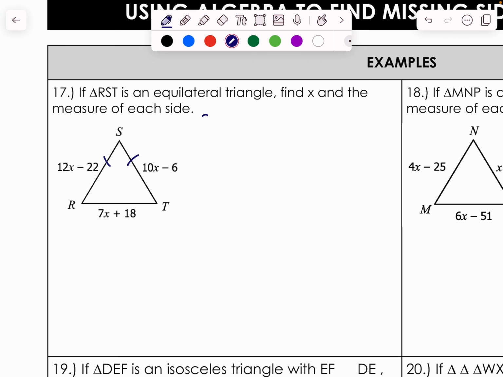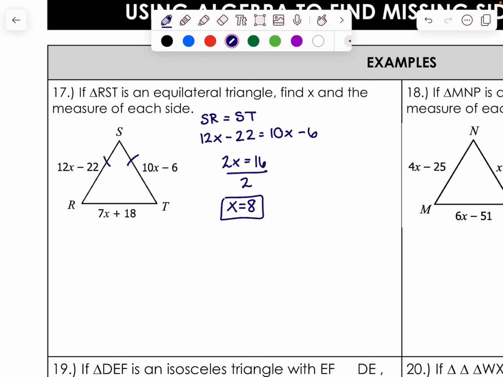So if I do SR and ST, for example, I could do 12x minus 22 equals 10x minus 6. Okay, I subtract 10x, I get 2x. I do add 22, so negative 6 plus 22 is positive 16. Divide by 2, so x is going to be 8.